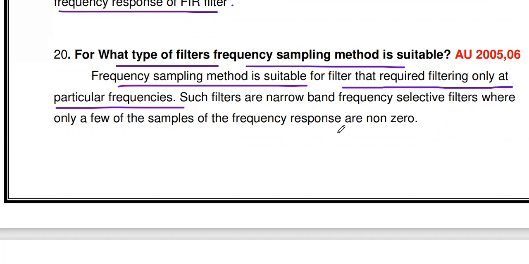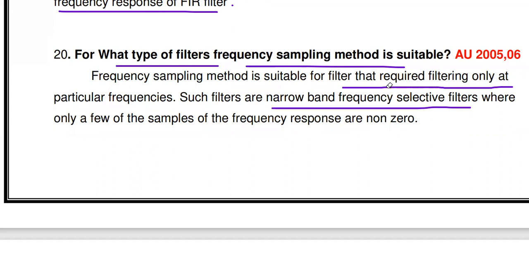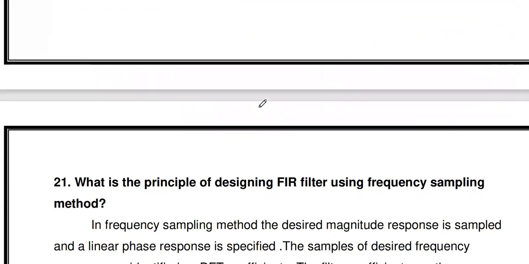To filter a particular frequency, the narrow band filters, narrow band selective filters. In such filters, only a few samples of the frequency response are non-zero. So to design a narrow band frequency selective filter, we may use this frequency sampling method.